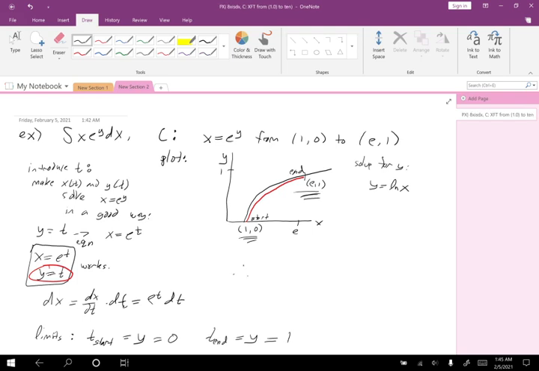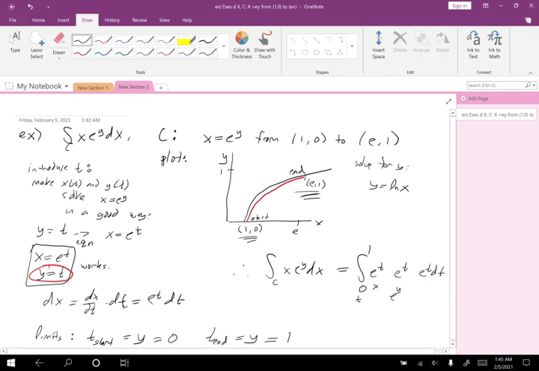So therefore, the integral over C of x e to the y dx, we just get the integral from 0 to 1. Those are our t's. And x is just e to the t. And e to the t is also our y. This is really e to the y. And then finally, e to the t dt, that is our dx.